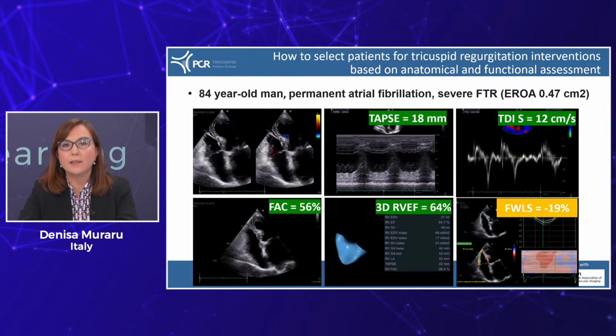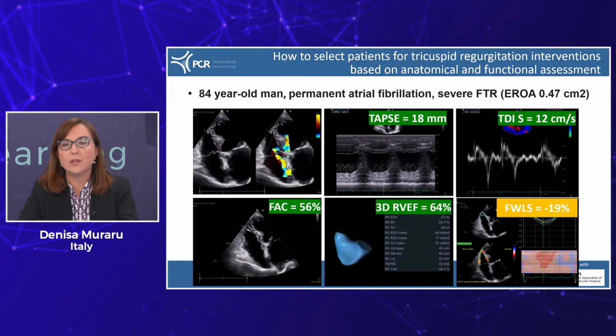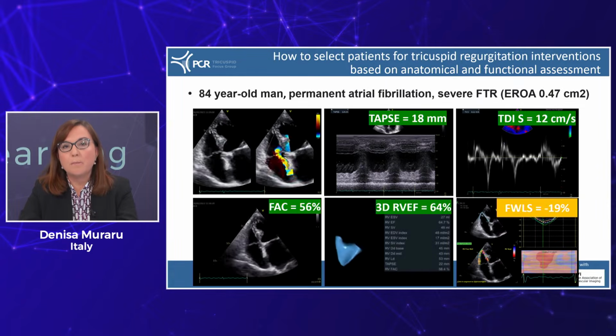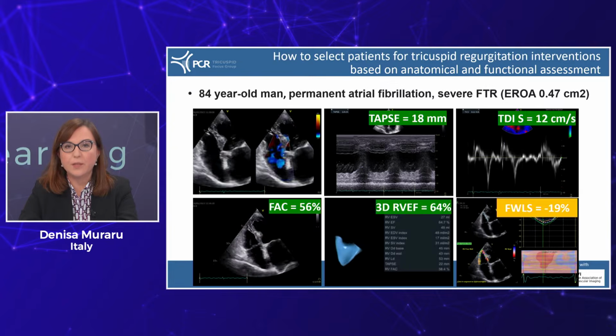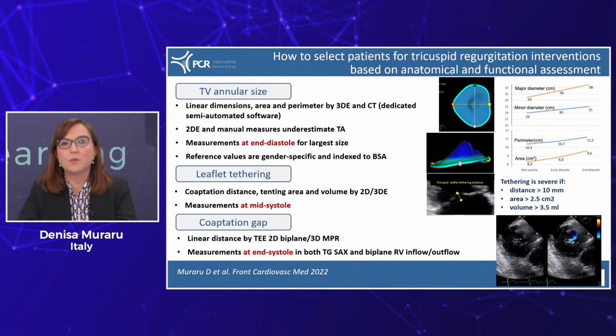But if you look at the parameters of deformation, like free-wall longitudinal strain, is already impaired, which means that most of the parameters that we routinely use, including ejection fraction, in these patients are load dependent and might overestimate the real systolic function of the right ventricle. So we need to be aware of it and to use as much as possible more sensitive parameters like strain.